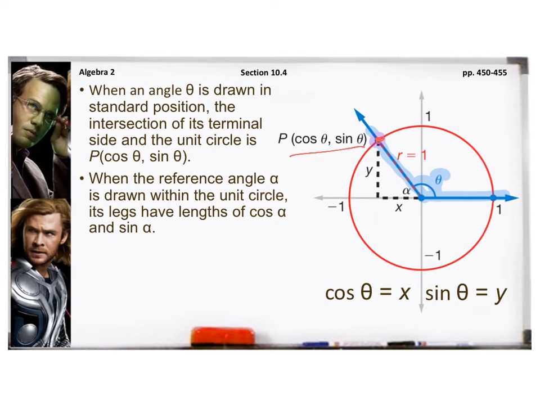The x value is cosine theta, and the y value is sine theta. So those are my two side lengths. When the reference angle alpha, that's this guy down here, is drawn within the unit circle, its legs have the lengths of cosine alpha and sine alpha.